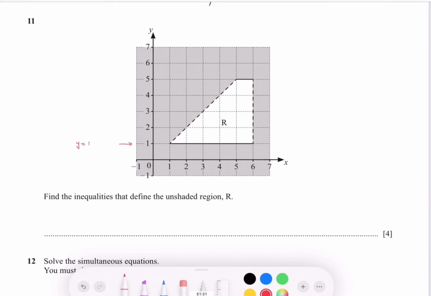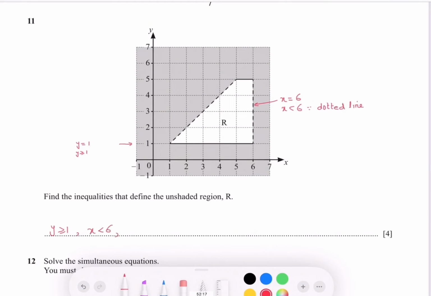So we can write y is greater than or equal to 1. This is our first inequality. The second one is x is equal to 6 and it is dotted. So we can write the region R is at the lesser values of x from the x is equal to 6 line. So x is less than 6.